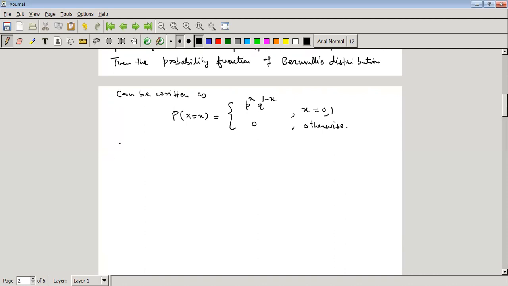So what are the characteristics of Bernoulli's distribution? The characteristics are: first, the number of trials is only 1.